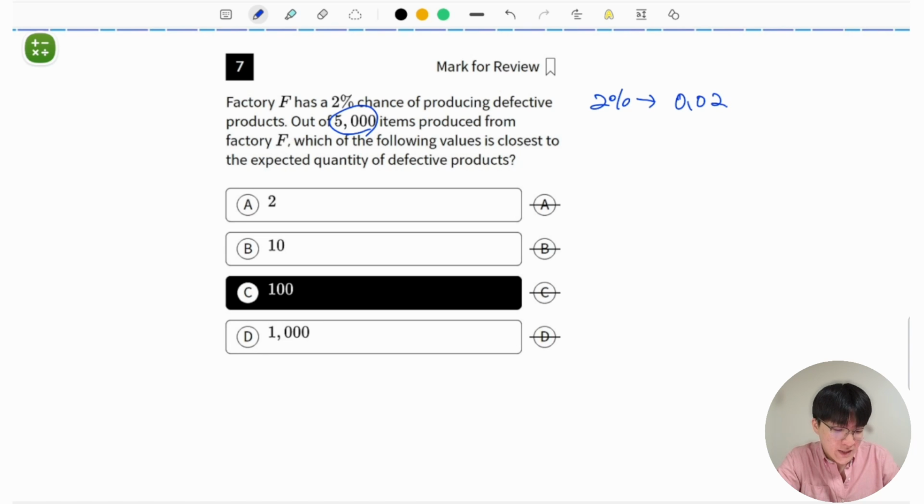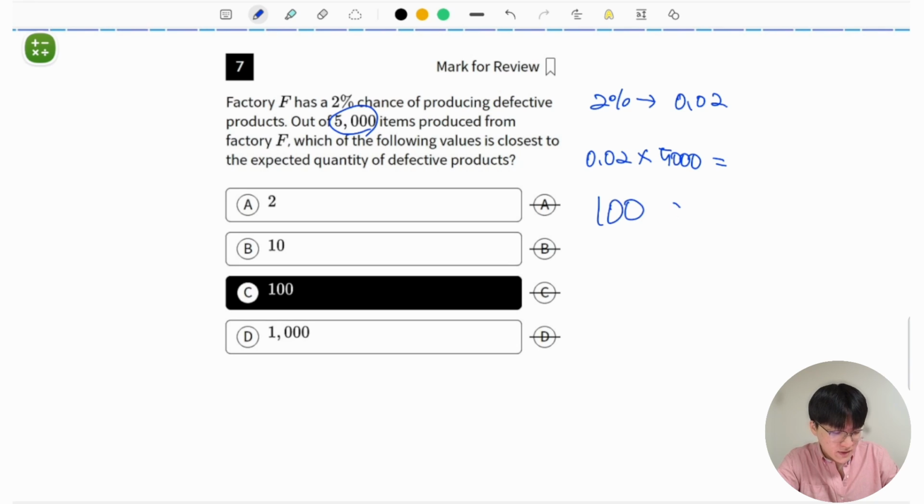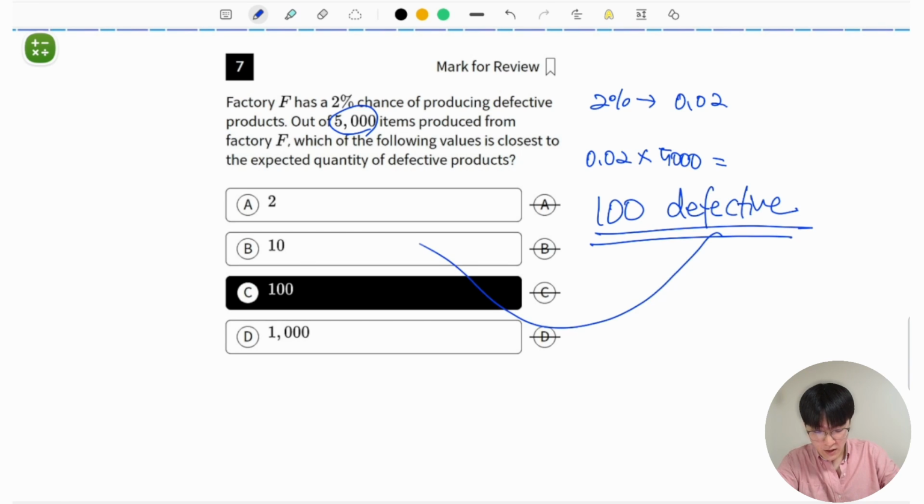So we just divide that by 100 and we get 0.02. And now we just multiply this 0.02 by 5,000. And if we do so, we get 100. So what is that? 100 defective products out of every 5,000 made. Answer choice C.